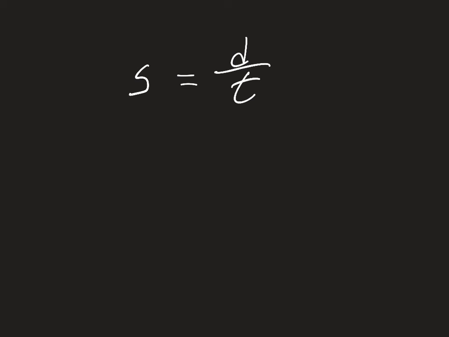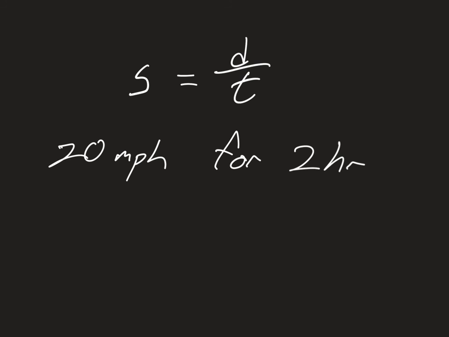So all 3 of those are variables. But if you have a problem that says they were going 20 miles per hour for 2 hours, and then it wants you to find the distance, right?